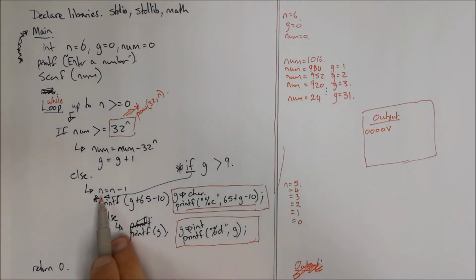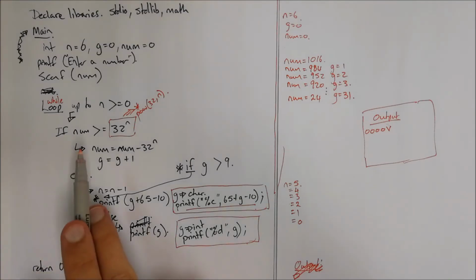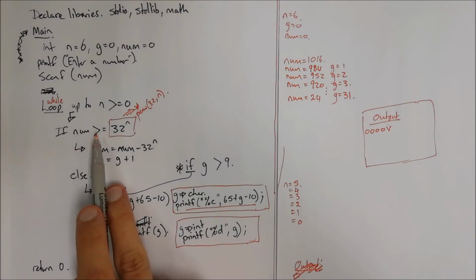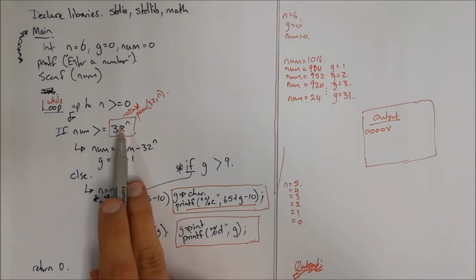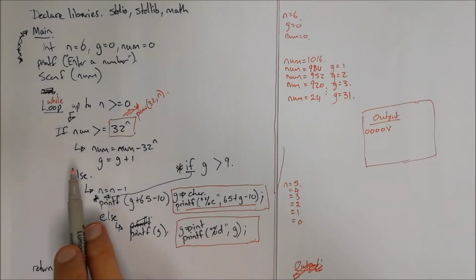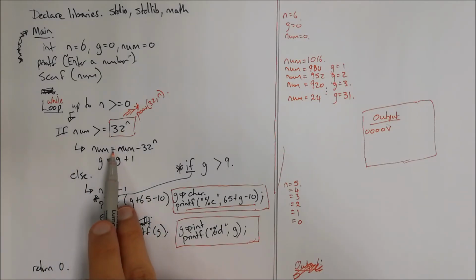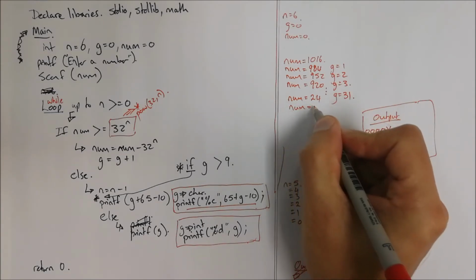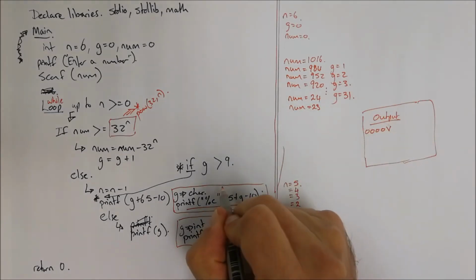So only when this n minus 1 makes n equal to minus 1, then it will stop this whole loop. Okay, is the number 24 larger than 32 to the power of 0? In other words, larger than 1? Yes, it is. So therefore num is equal to num minus 32. So now num is equal to 23.